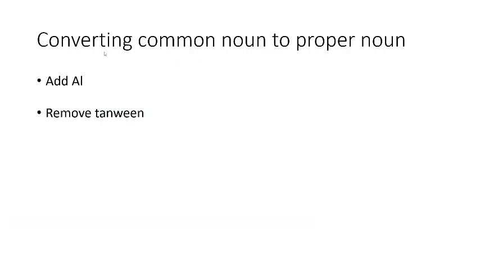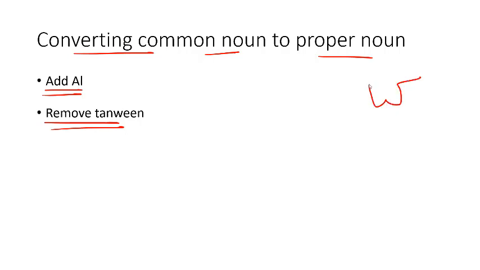Let's focus now on converting a common noun to a proper noun, or basically we will focus on mu'arraf bil lam. And as you just saw, there are 2 steps to this. The first is that we add al, and the second is that we remove the tanween. I'll do the kitabun example again so you can remember this.